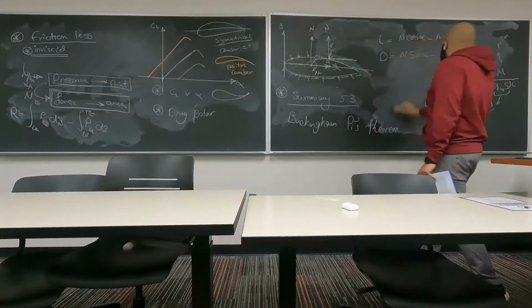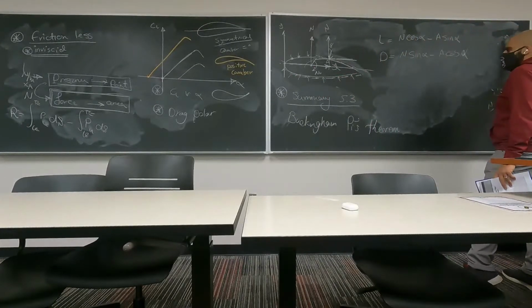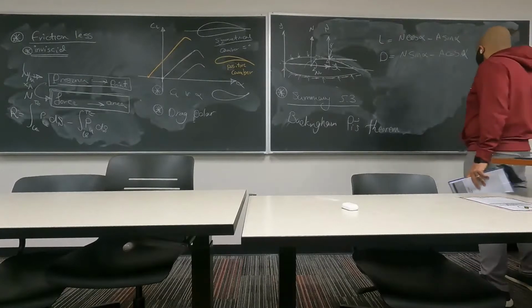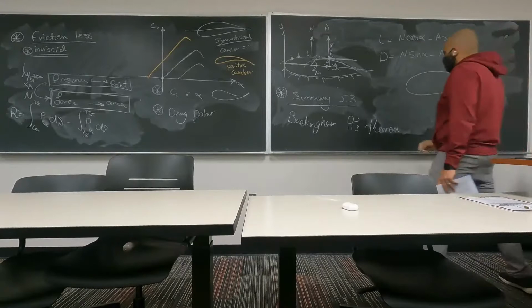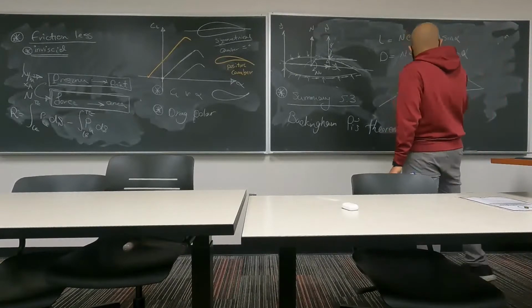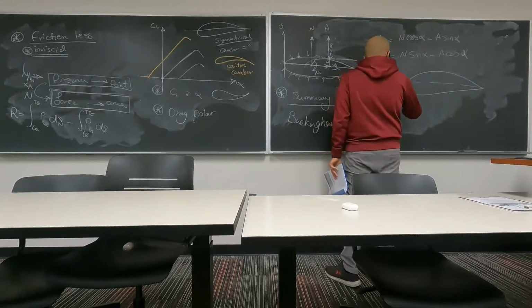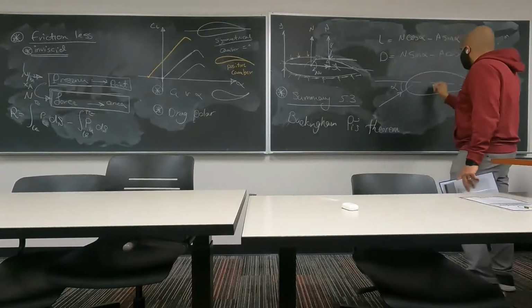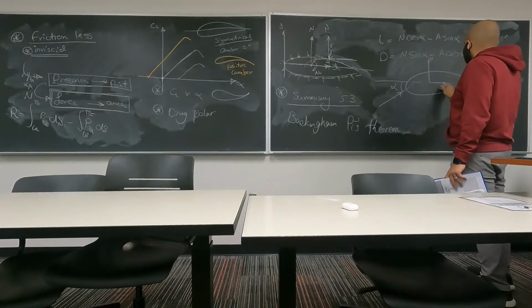Let's try to look at a cleaner airfoil. Let's say this is your flow direction, which means this is your alpha angle of attack. And we are dealing with normal and axial force at this point.